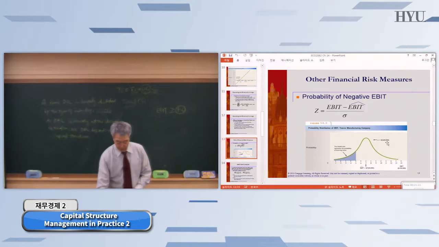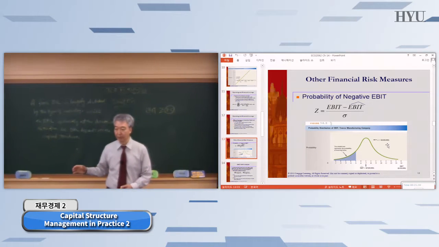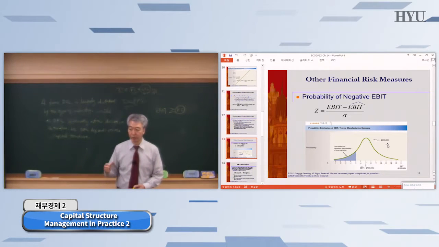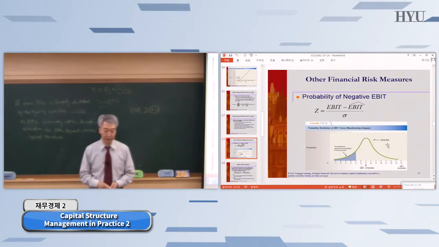And suppose we also know the standard deviation, say 200,000. How do you calculate the standard deviation? Assuming we have previous data, you've been running this business for the last 20 years, so based on past history, you can calculate the average and standard deviation.